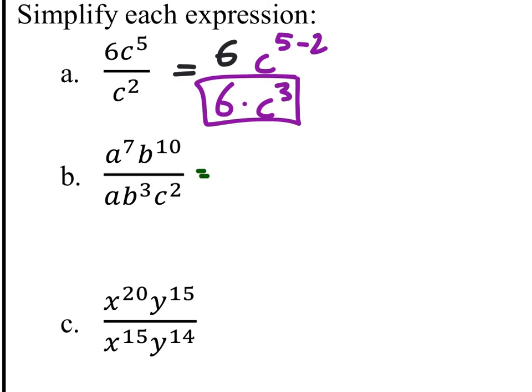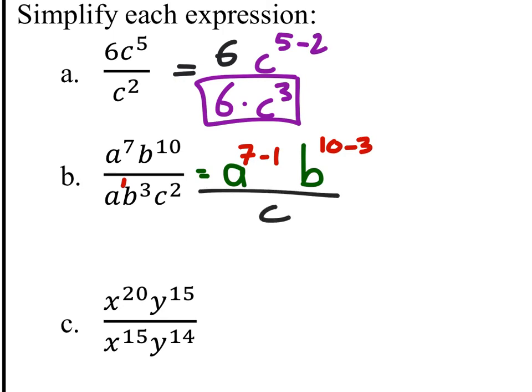Alright, what about this one? So we got bases of a, b, and c. A has powers of 7 and 1, so we subtract the 1. And then the b has a power of 10, and then we'll subtract the 3. The c actually doesn't have anything to subtract from, so we'll just put it in the denominator.